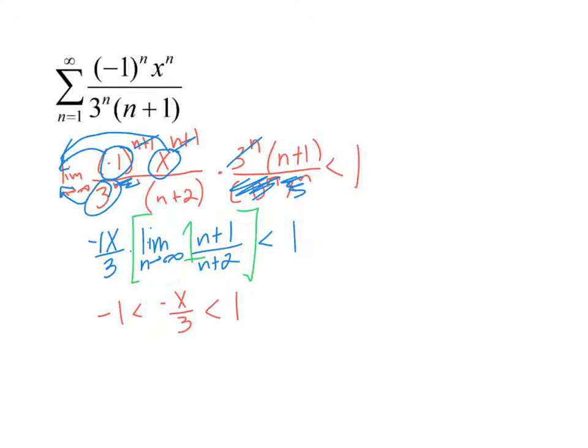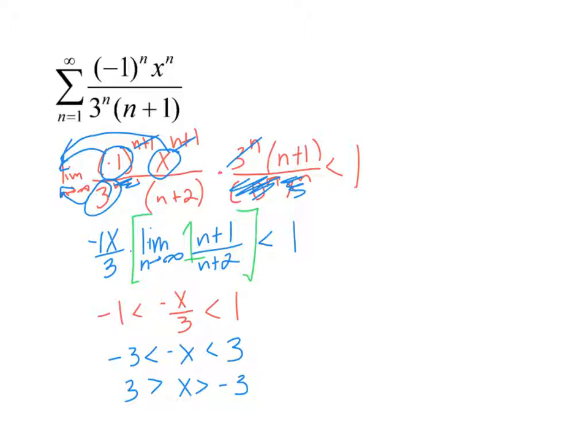So I'd multiply everything by 3, and then I'd multiply everything by -1. And you remember what happens when you multiply or divide with inequalities by a negative: they change direction.